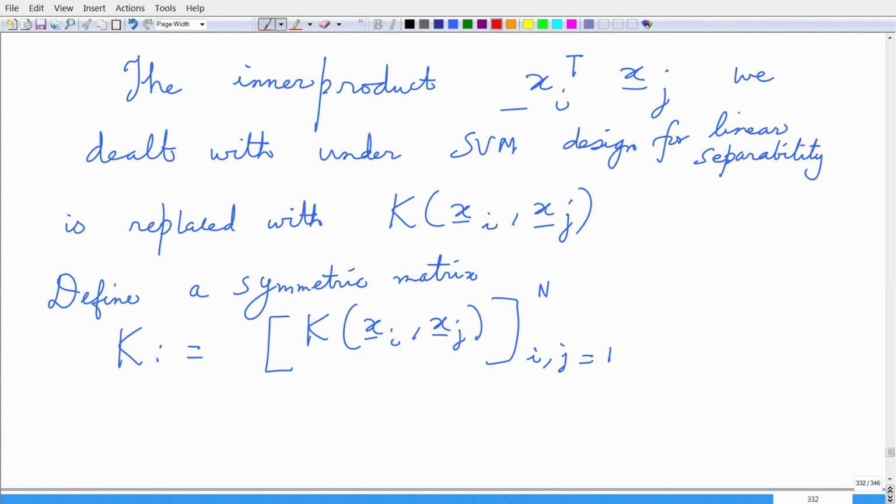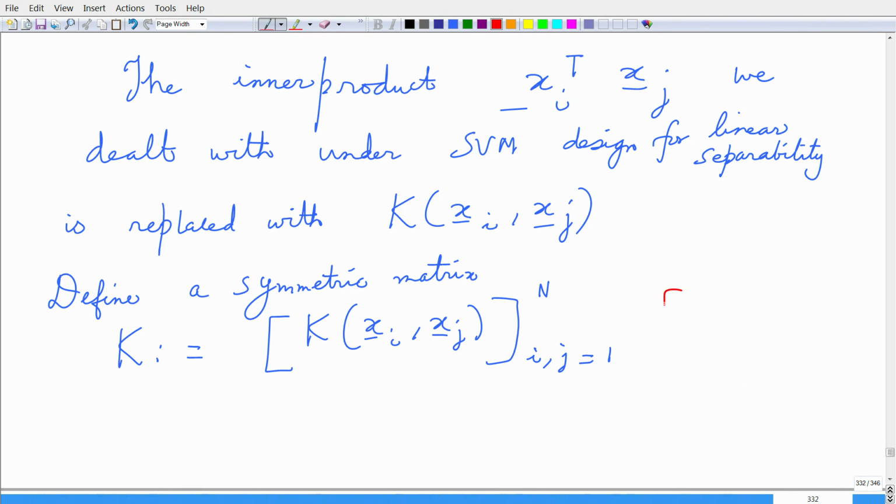Now, the inner product kernel, which is k of xi comma xj, can be computed for all pairs i and j from 1 to n and you can straightforwardly verify that this is a symmetric matrix. The kernel is symmetric and this matrix is also symmetric.